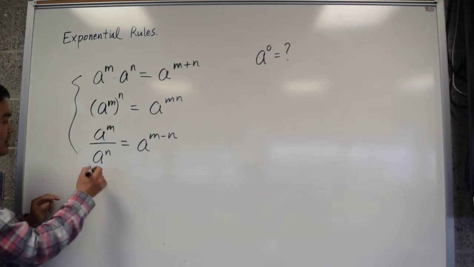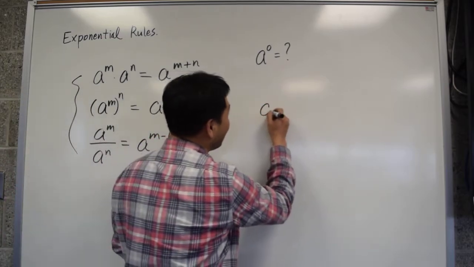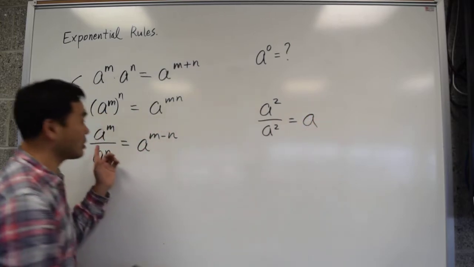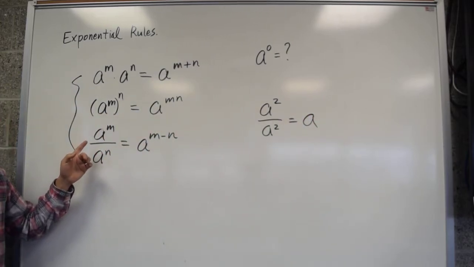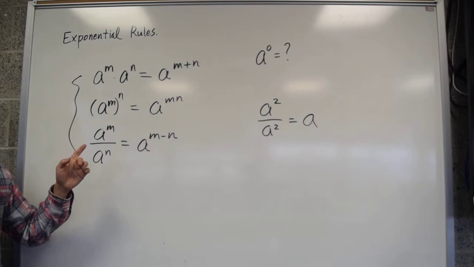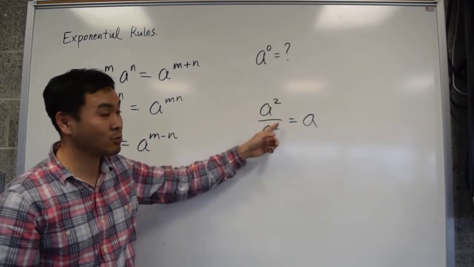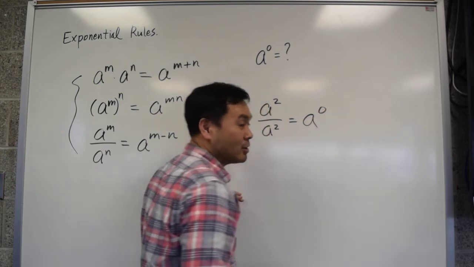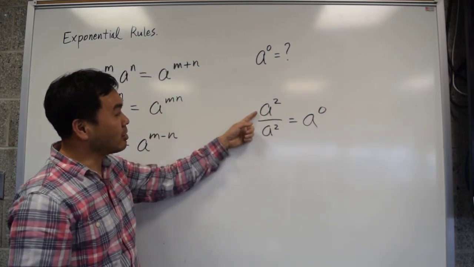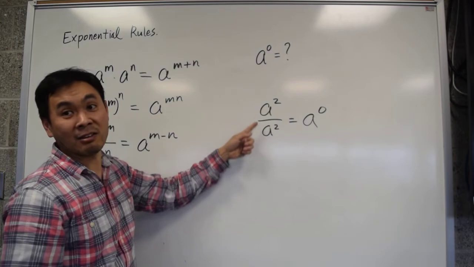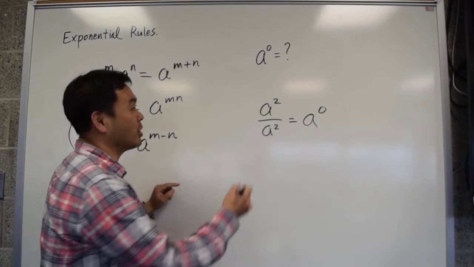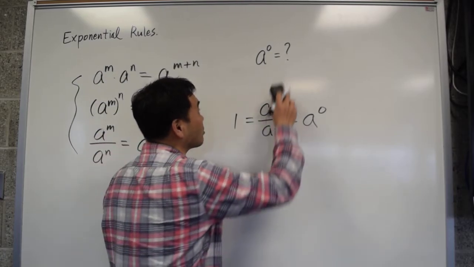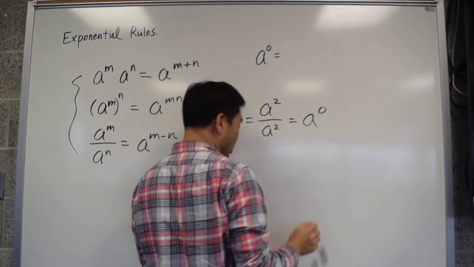And we see that if we have something like a squared over a squared, according to this formula, what's that? 2 minus 2. So a to the what power? 0th power, right? And on the other hand, what's a squared divided by a squared? Anything divided by itself is 1. So what's our conclusion? A to the 0th power must be 1.